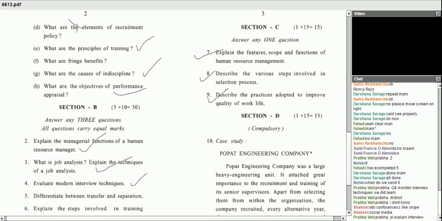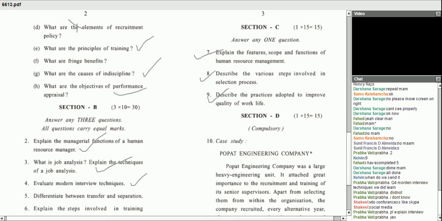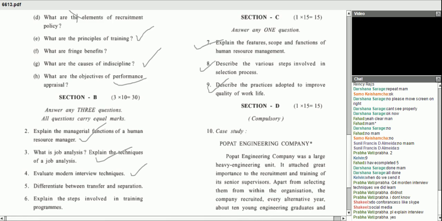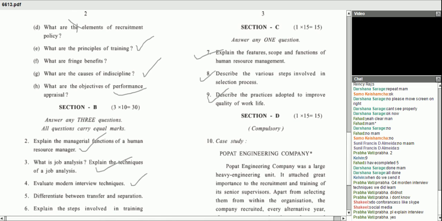You want me to explain? Shakil is writing the answers. Okay, let me put it. Okay, let me explain it to you. And have you finished the other questions, Prabhavati?